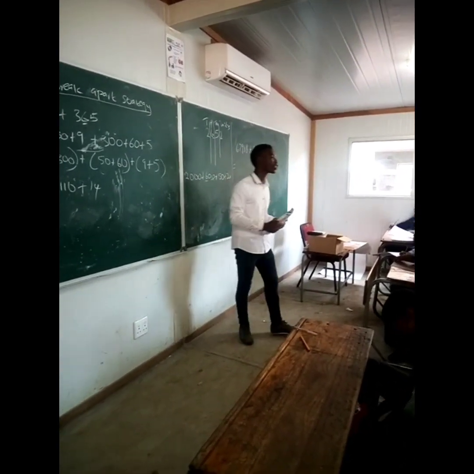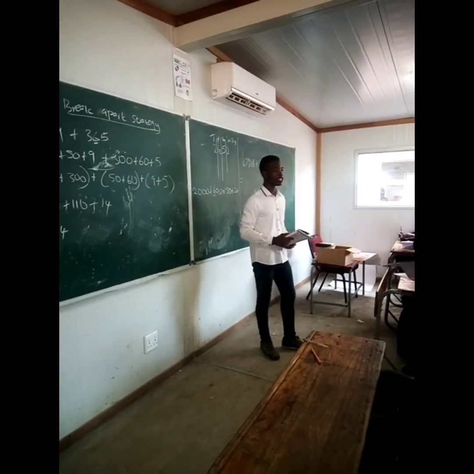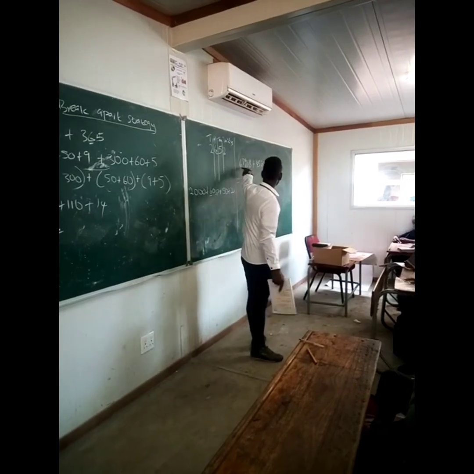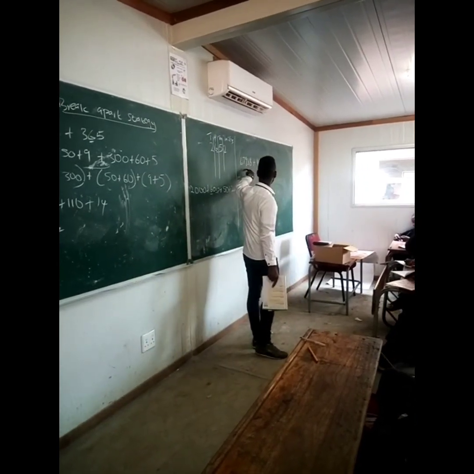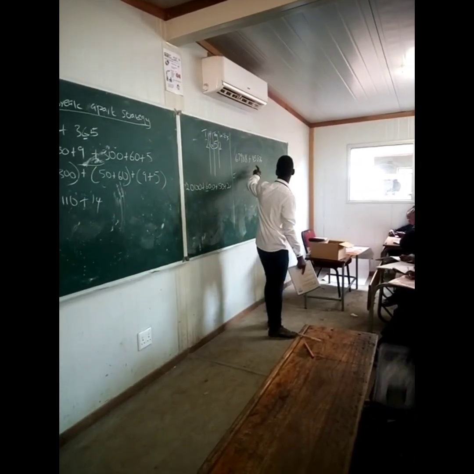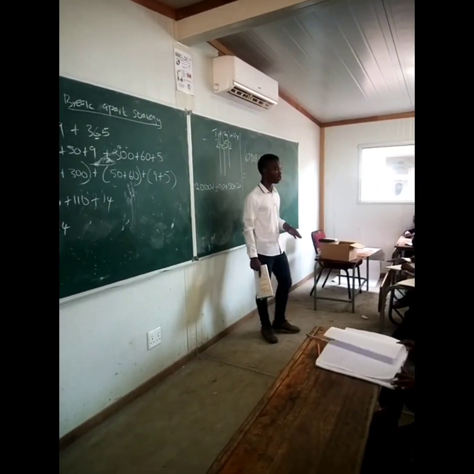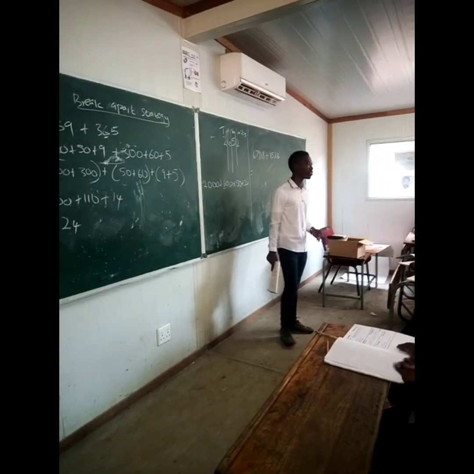Let's pay attention. Let's engage. Now, on your piece of paper, you are calculating 67,988 plus 45,876, right? Okay, noise down.